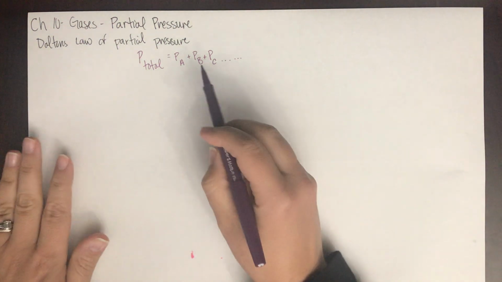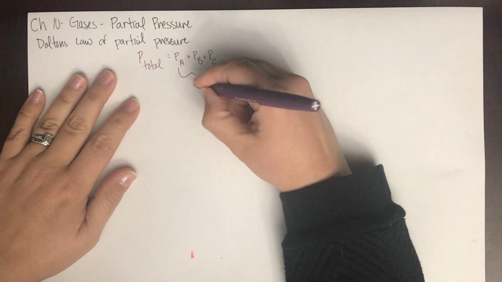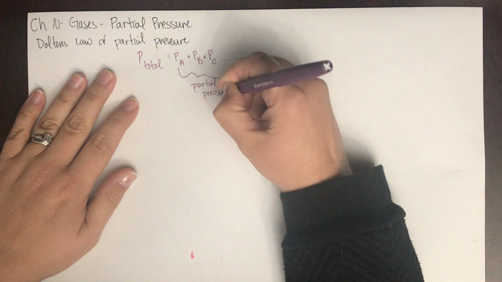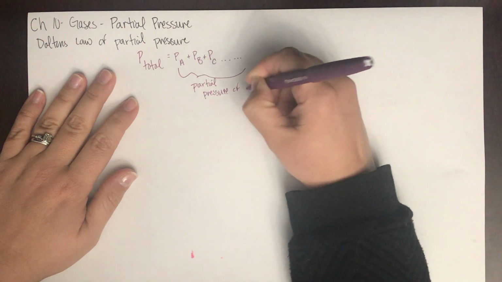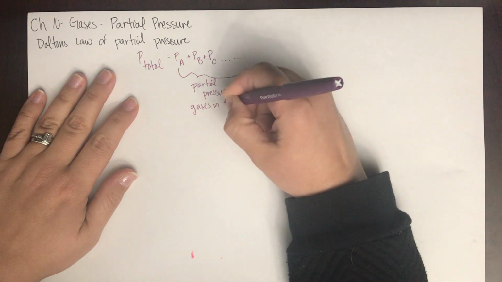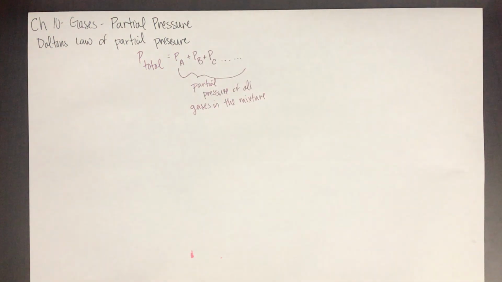So you literally just take the partial pressure of all gases in the mixture and add them together, and that's going to give you the total pressure of that mixture of gases.